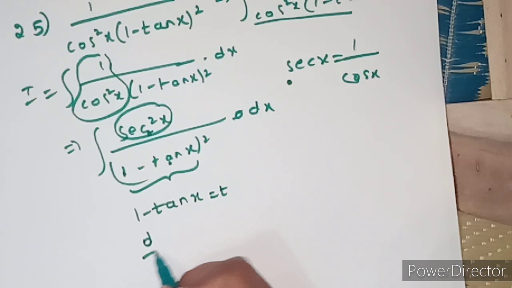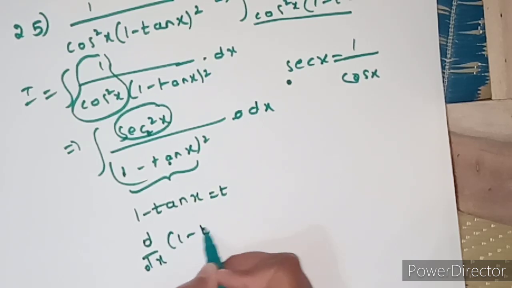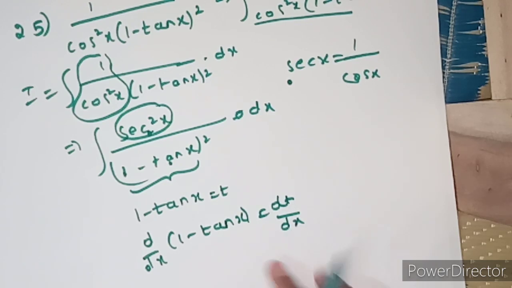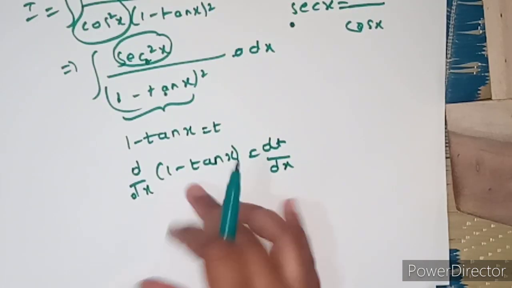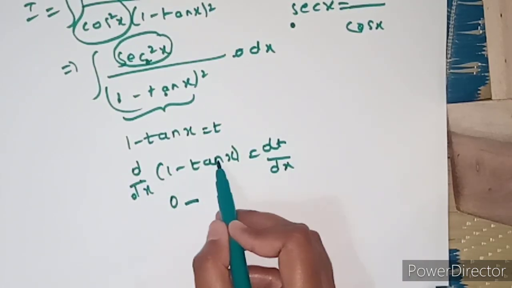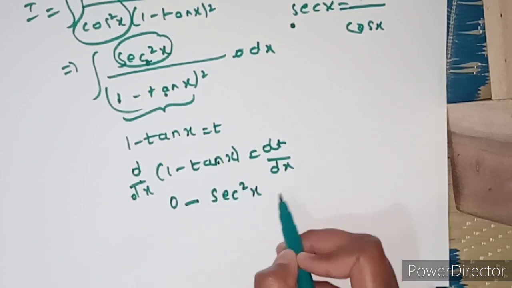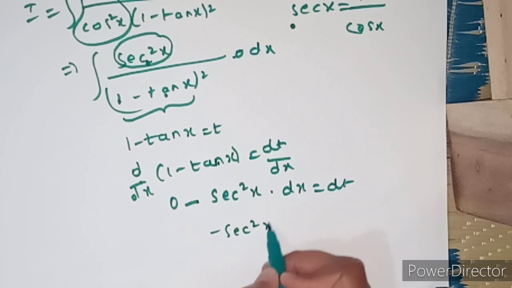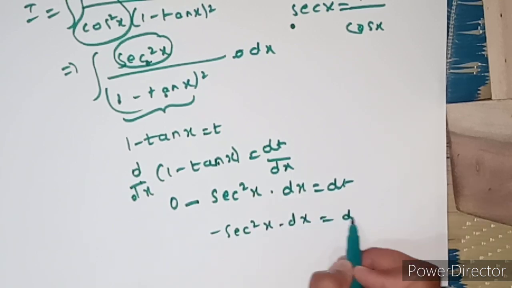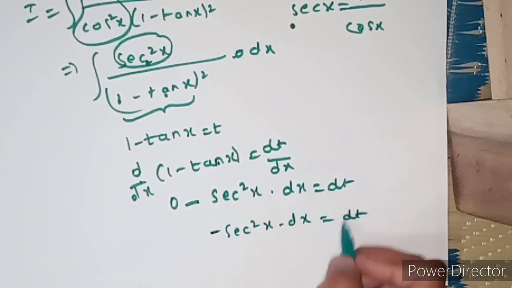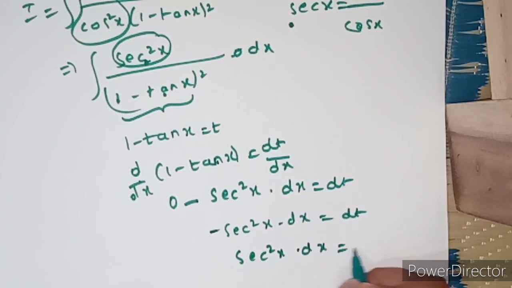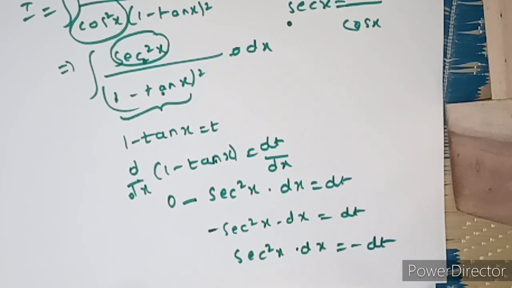Now take derivative d by dx of 1 minus tan x is equal to dt upon dx, right? Now derivative of 1 is 0 minus derivative of tan x is secant square x, okay, dx is equal to dt. Minus secant square x dx is equal to dt, right? Now this can also be written as secant square x dx is equal to minus dt, right?